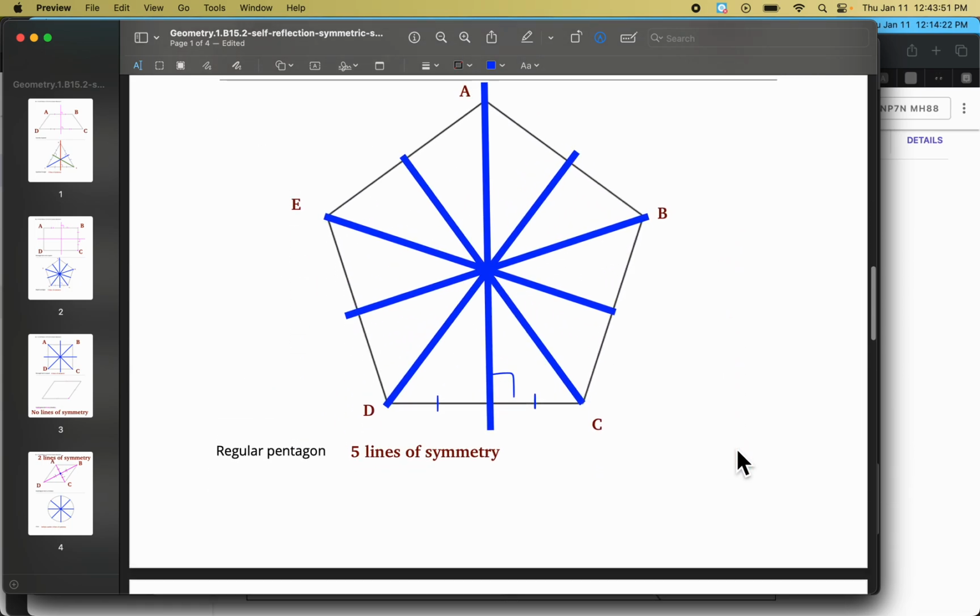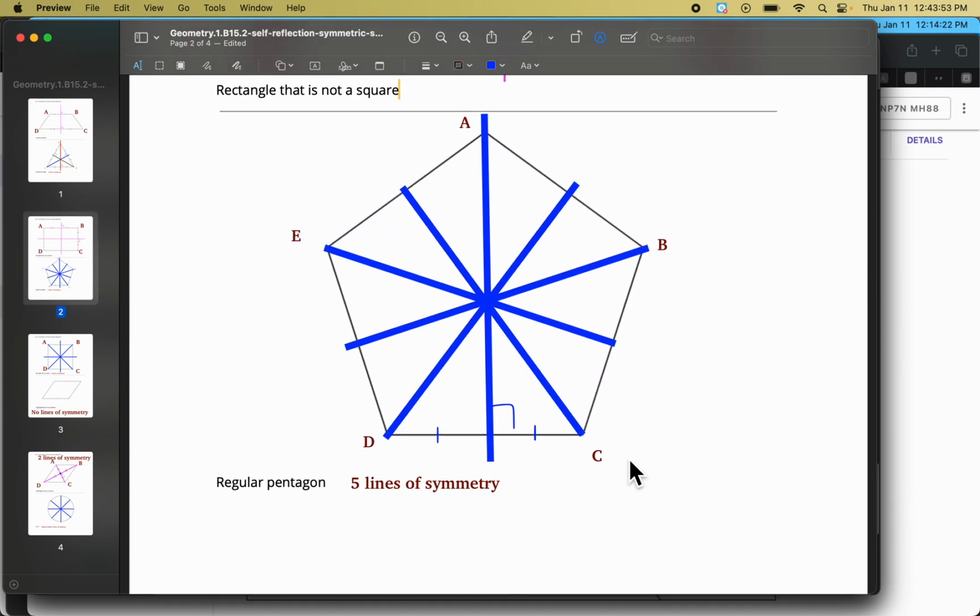And then let's look at the pentagon. It has five lines of symmetry, right? One straight down the middle. Again, it meets the opposite side right in the middle and at a right angle. And all I have to do is go all the way around from point to point, from A to B, and then across, halfway between these two at a right angle, down to C, directly across, halfway between at a right angle, right?